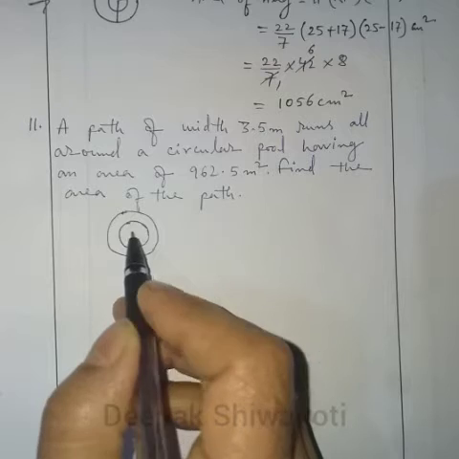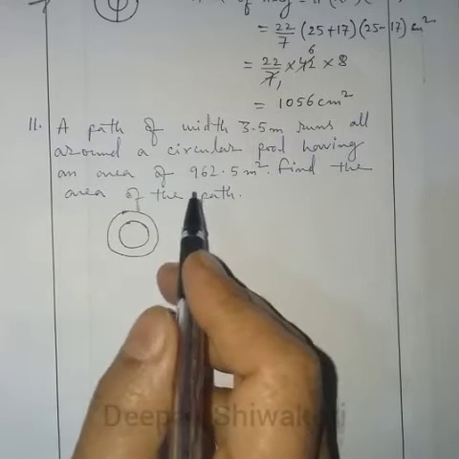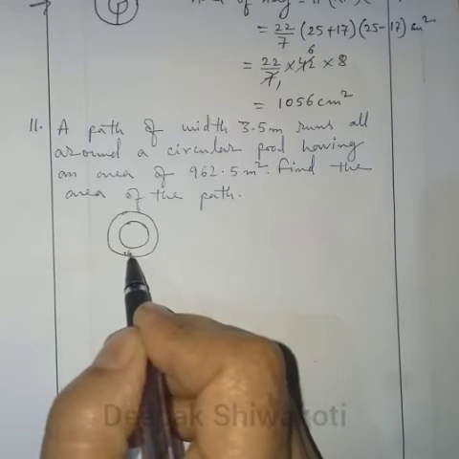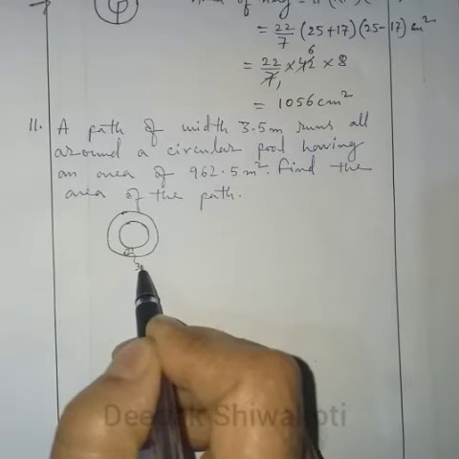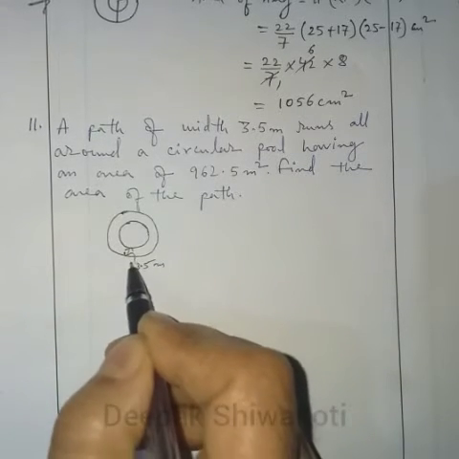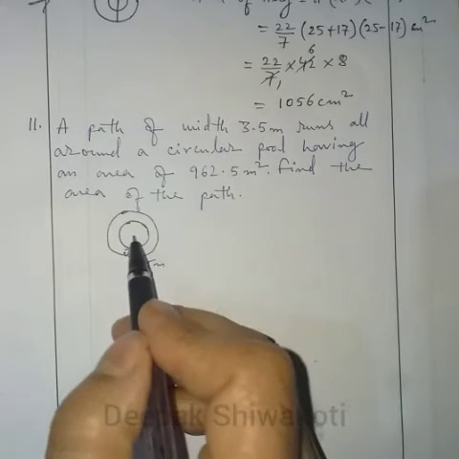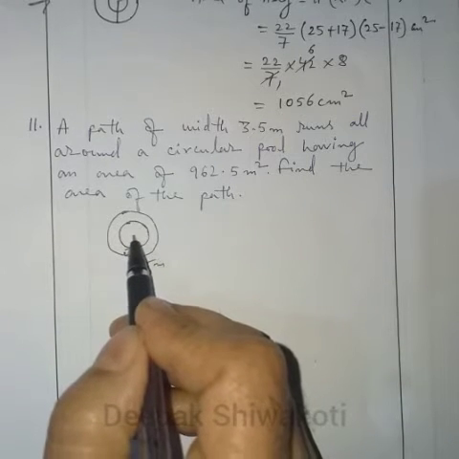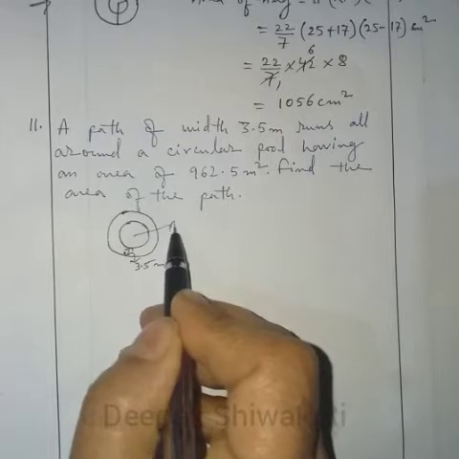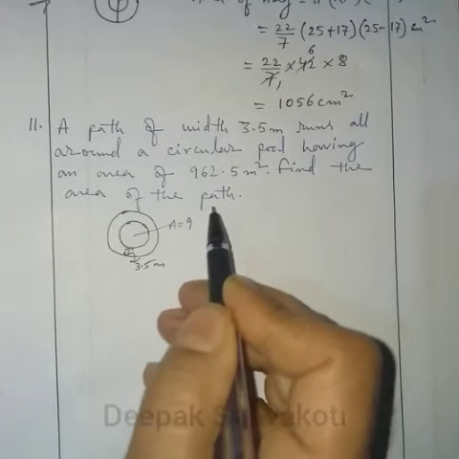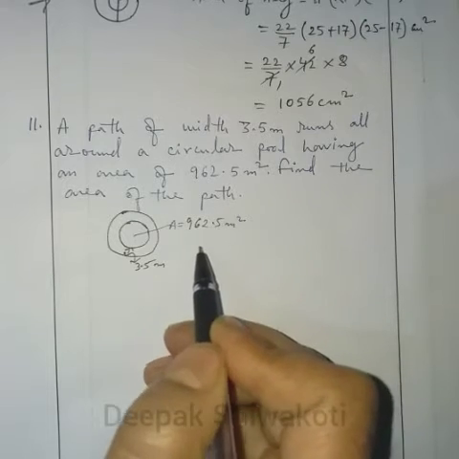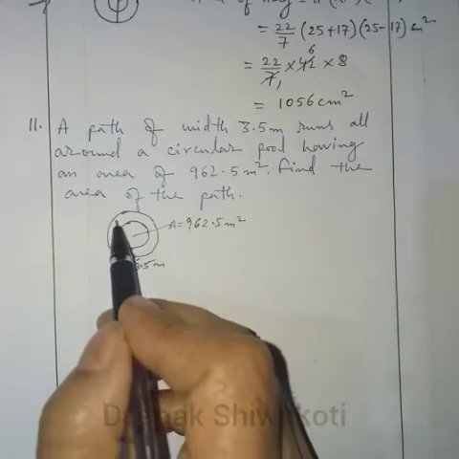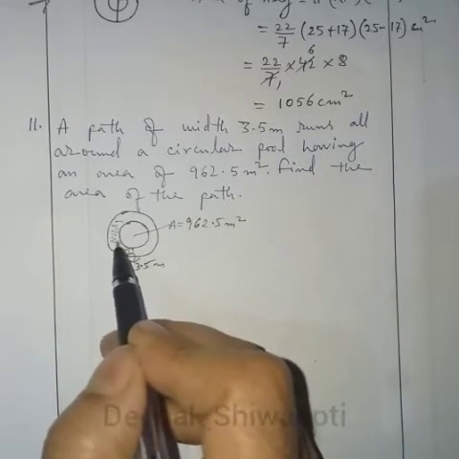Okay, this is the pool. The area of the pool is given and the width of this path is given. The width is 3.5 meter, and the area of the pool is 962.5 meter square. We have to find the area of this path.